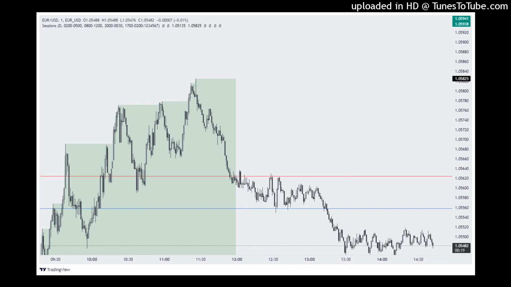Now reaching that unmitigated opposing PD array in the form of that daily fair value gap right there, that's nothing to worry about, as in we might actually want to continue lower off of that. And if we do get that, that's perfectly fine. But the probabilities are not looked at as their resistance is there to potentially push price lower. No, it's just there to not get caught up in a bad trading idea.